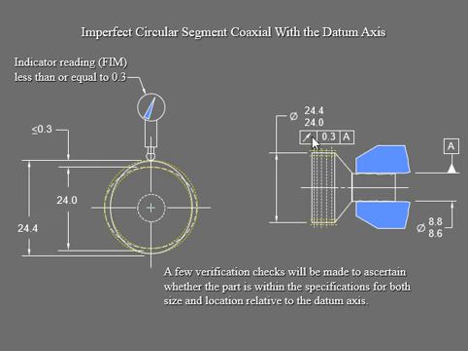Because your tolerance is going to control that surface, the verification is made to ensure that the part is within specification for both size and location. The size and also the location have to be relative to that datum axis, okay?